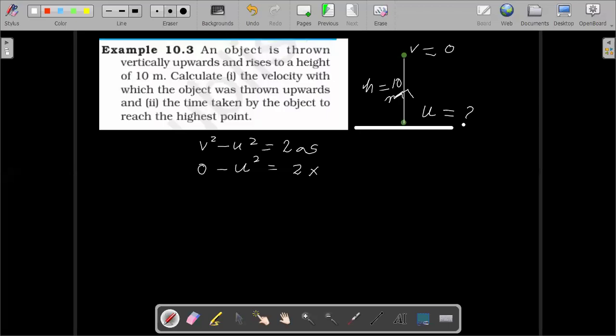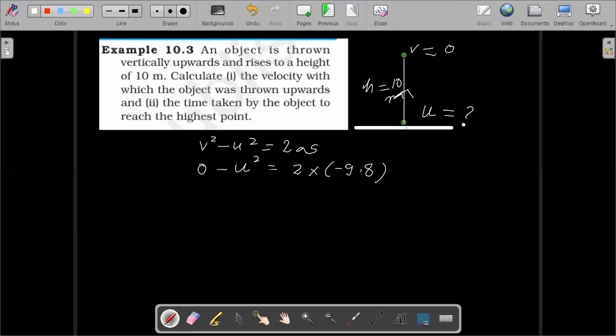A positive 9.8 or a negative 9.8? Negative. We studied that during the upward motion, the acceleration due to gravity is negative. So here acceleration a will be negative 9.8.